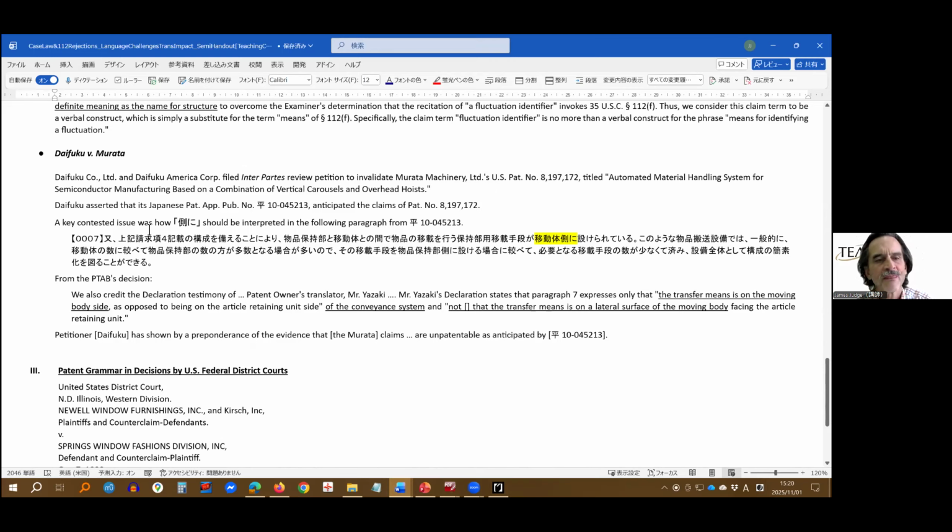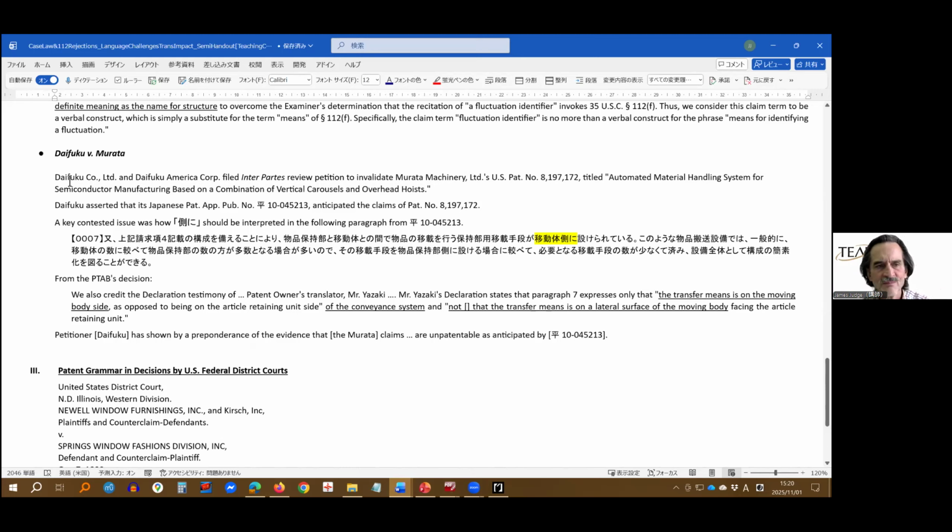However, the reason this case is interesting is because Daifuku relied on one of their own Japanese patents in order to assert grounds for invalidating Murata's US patent. So let me repeat. Murata owned this US patent. It was created in the US and patented in the US and had nothing to do with any corresponding patent in Japan.